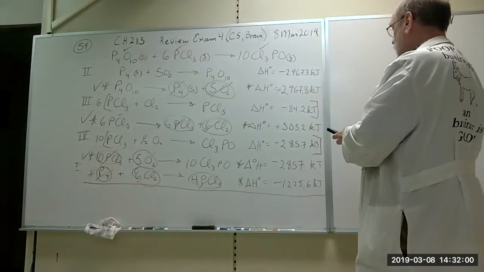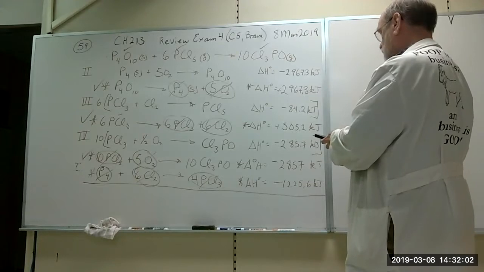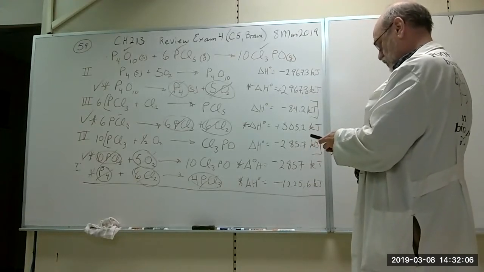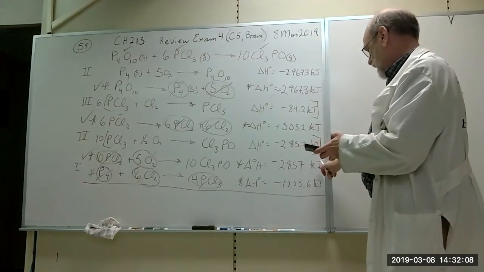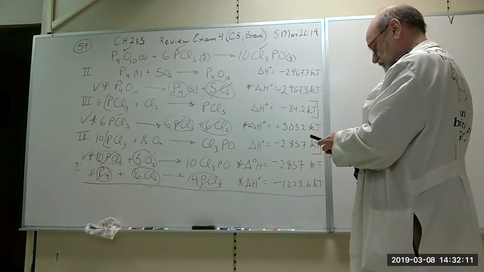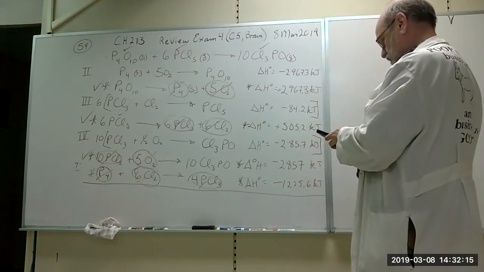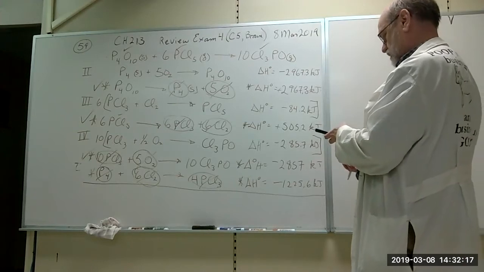So we got 2967.3 and 505.2 plus, and then 2857 minus, and 1225.6 minus.